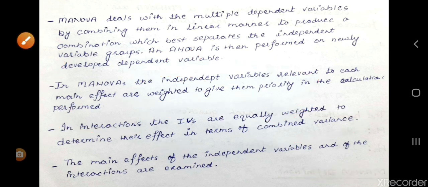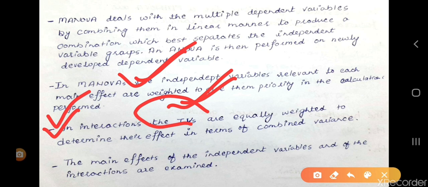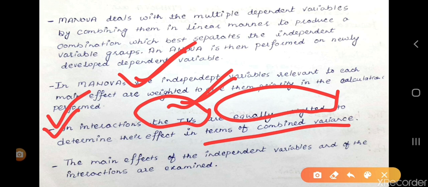So for independent variables we are giving weight on a priority basis, and for interactions between the independent variables we are giving equal weight, to study their effect in terms of combined variance.